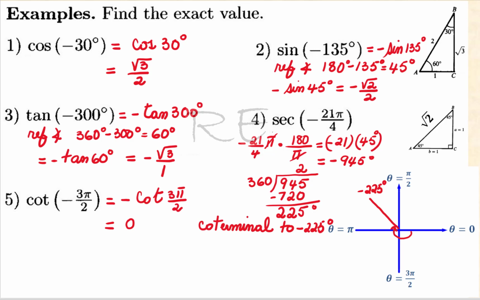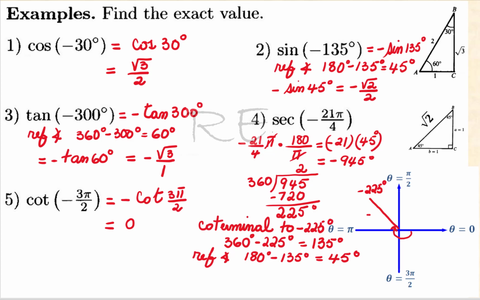Coterminal to negative 225 will be 360 minus 225, and that angle is 135 degrees. The reference angle for 135 degrees, since 135 is a second quadrant angle, will be 180 minus 135.